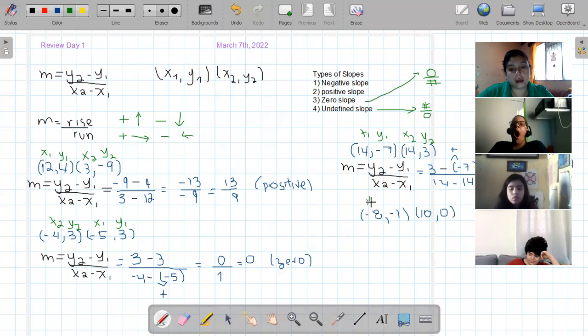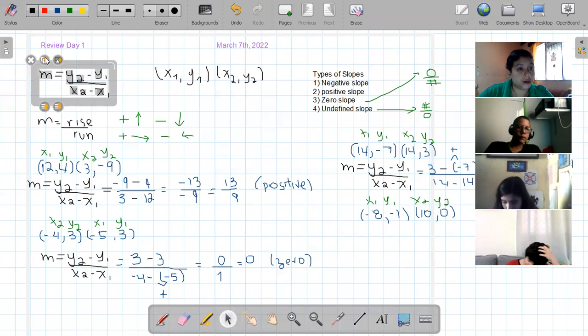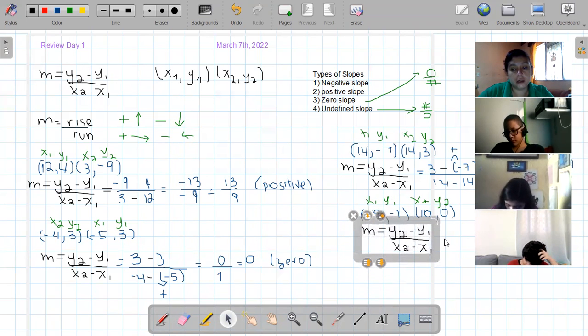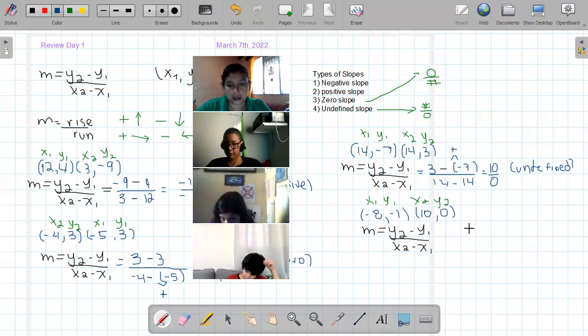So this is x1, y1, and x2, y2. Let's find out what type of slope we are going to have. Is it positive? Is it negative? Is it 0? Undefined? It is not 0 because both y's are different. It is not undefined because both x's are different. So let's see if we get a positive or a negative in this particular exercise.